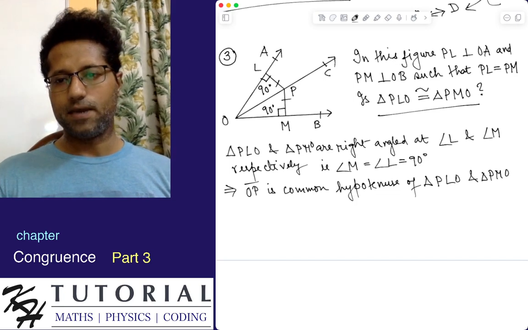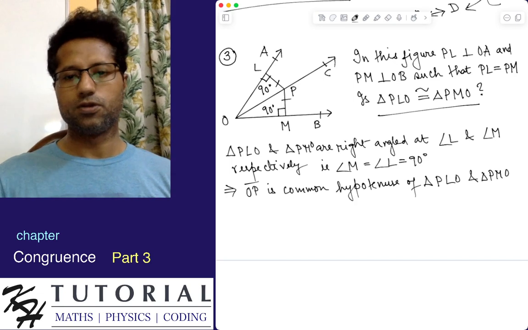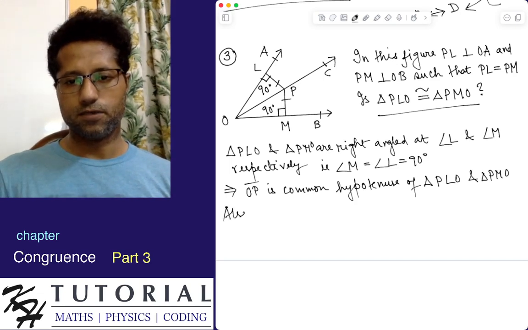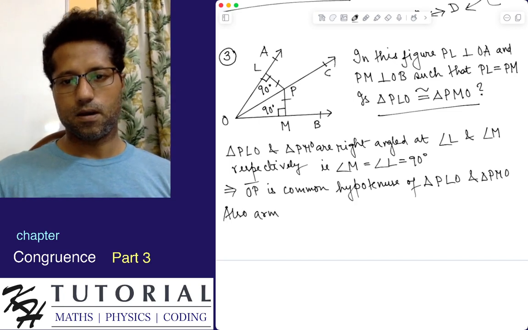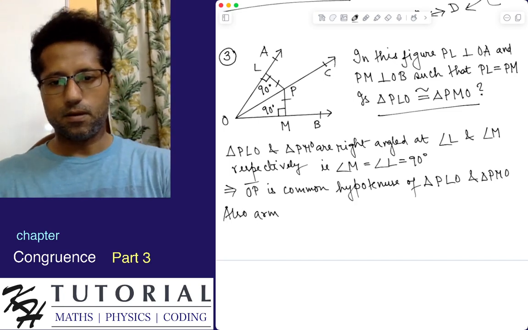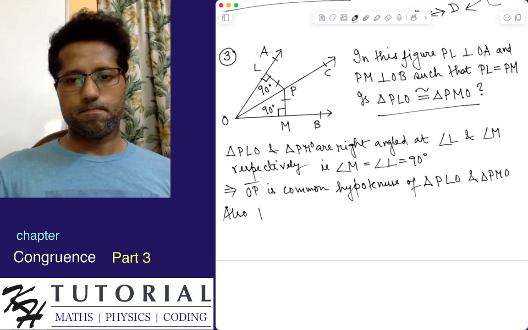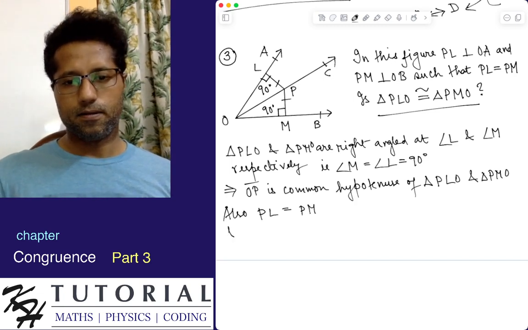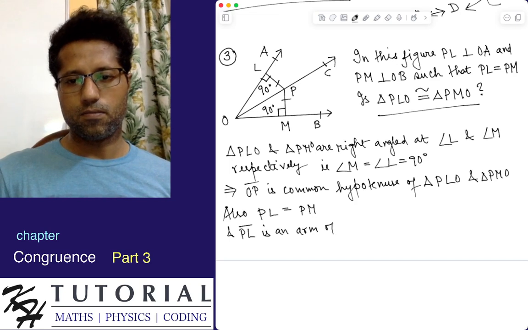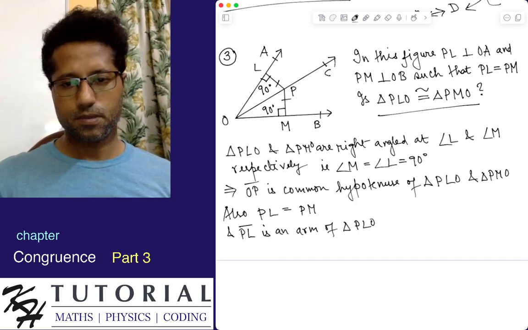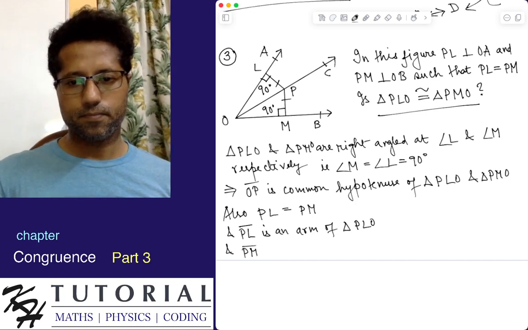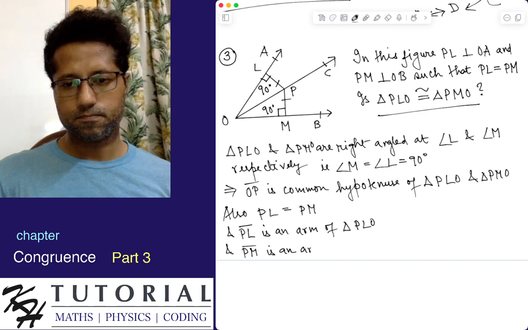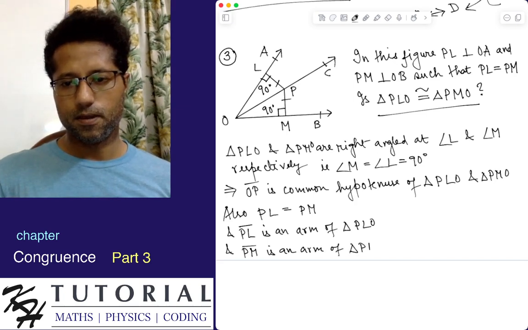So to apply the RHS congruence condition, I need one arm, and also it is given that PL is equal to PM, and PL is an arm of triangle PLO, and PM is an arm of triangle PMO.